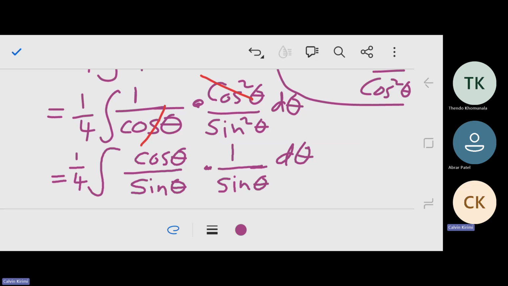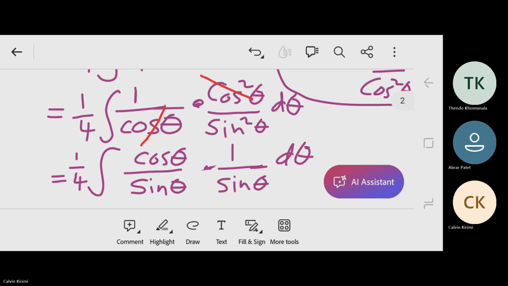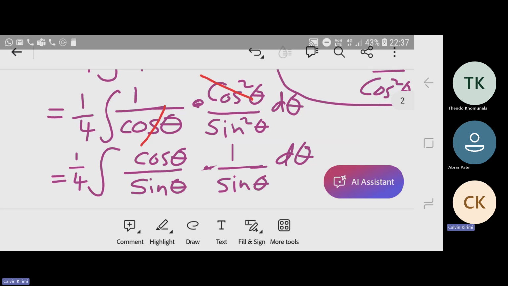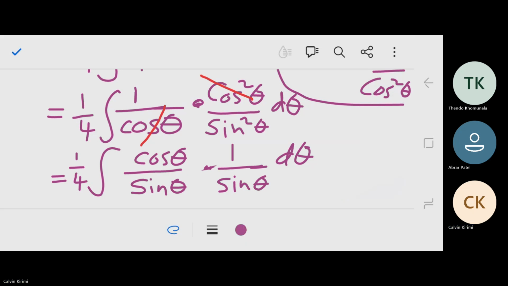The reason we are doing this is that there is an identity that we want to use, and that is why we have manipulated it into this. The sine squared is still there, and the cos is still on the numerator.